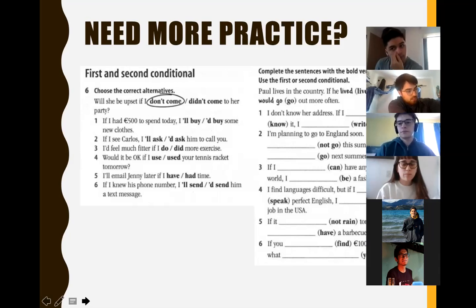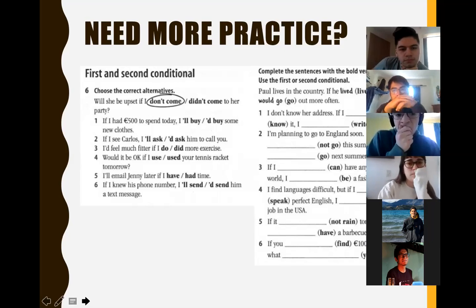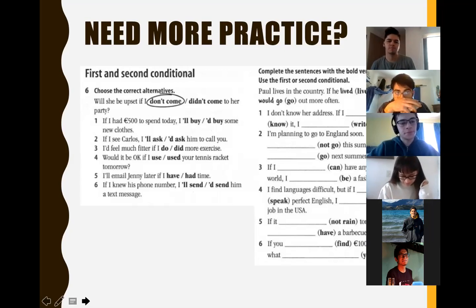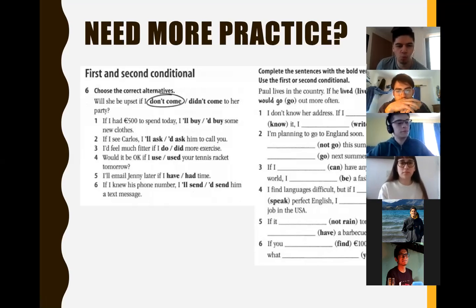Look at the example. The example says, will she be upset if I don't come to her party? This is easy because conditional sentences have two parts. The question starts with will, so you know the answer. Will she, if present simple, if I don't.